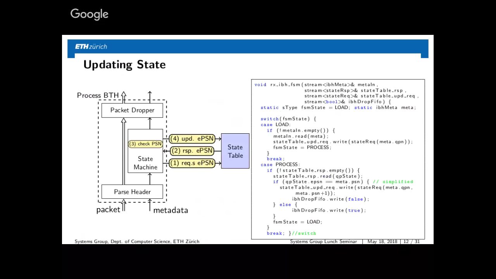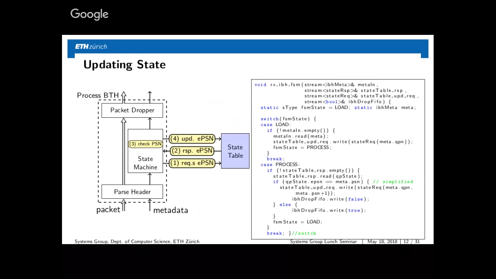As you have seen, each packet has a packet sequence number, and we have to keep track of it and update the state. Here we have a simplified version of how we do this. Again, we parse the header in a module, which extracts the metadata as shown in the previous slide. Now we feed this into a state machine.